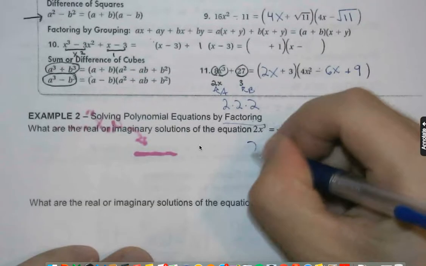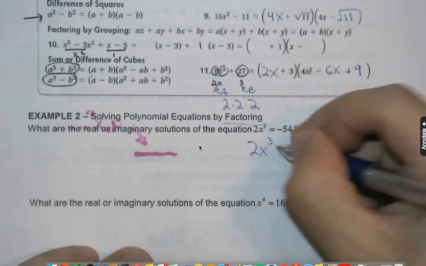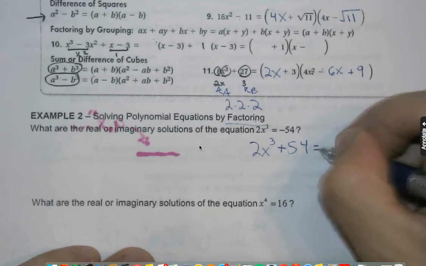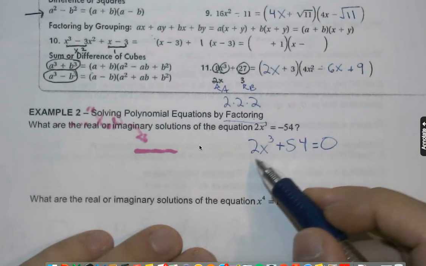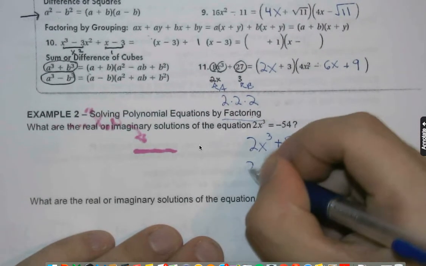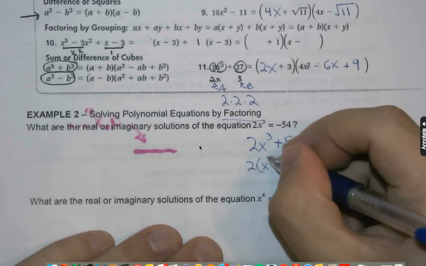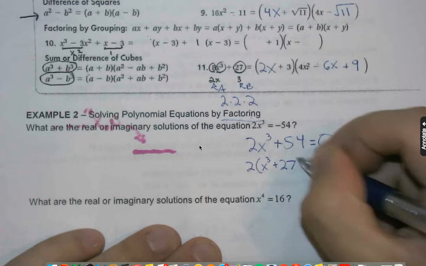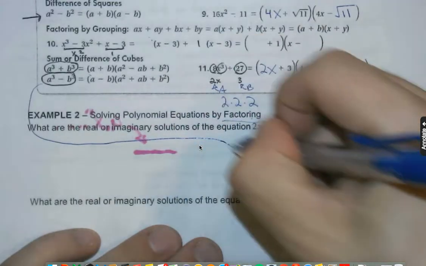So let's first move that 54 over. That gets us here. I see a common factor between these two, so we could factor out 2. That leaves us with x cubed plus 27. So we now see that this is a sum of cubes right here.